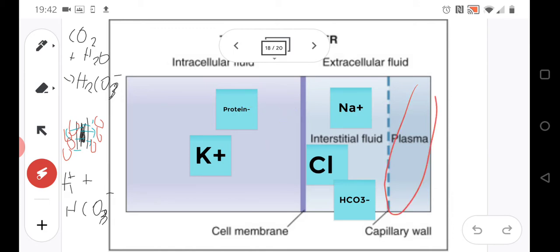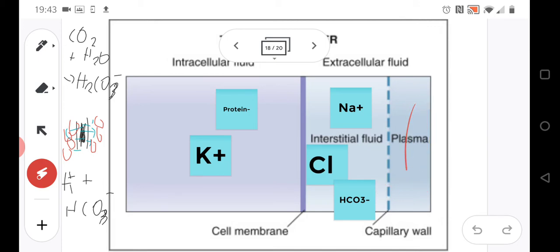And they are mainly pushed into the blood, into the plasma. So in the plasma we also have relatively high levels of proteins, but not as high as inside the cells. The interstitial fluid is only the fluid that gets through the walls of the capillaries.